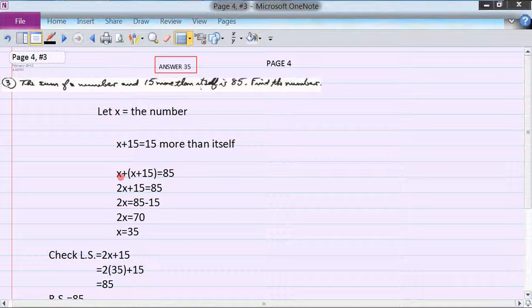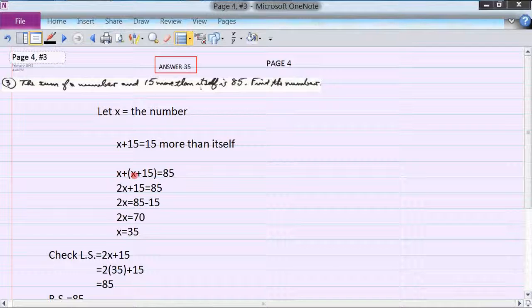That's what's meant by 15 more than itself. So we have one number which is x, we have a second number which is x plus 15, and the sum is 85. So now I remove the brackets here.